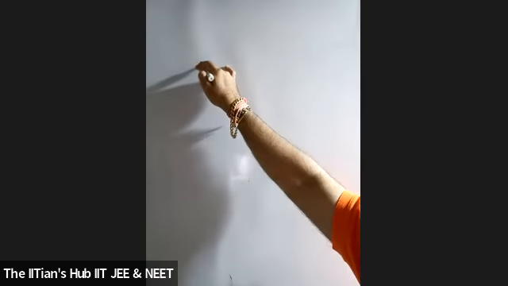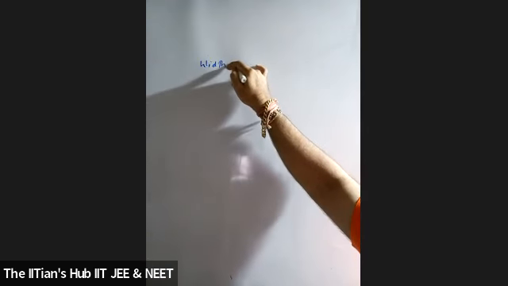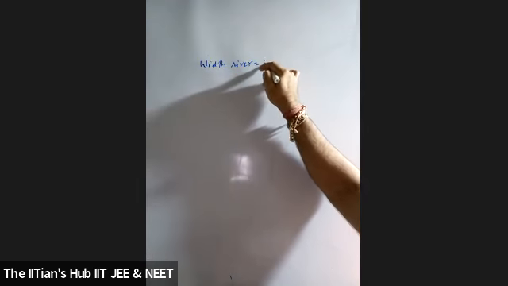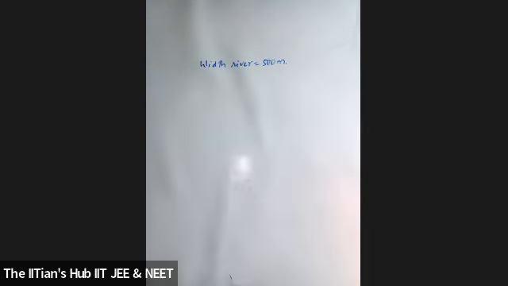So the next question, students. It's given to you that a swimmer wishes to cross a 500-meter wide river. Okay, so the width of the river is 500 meters. A swimmer wants to cross the river 500 meters wide.